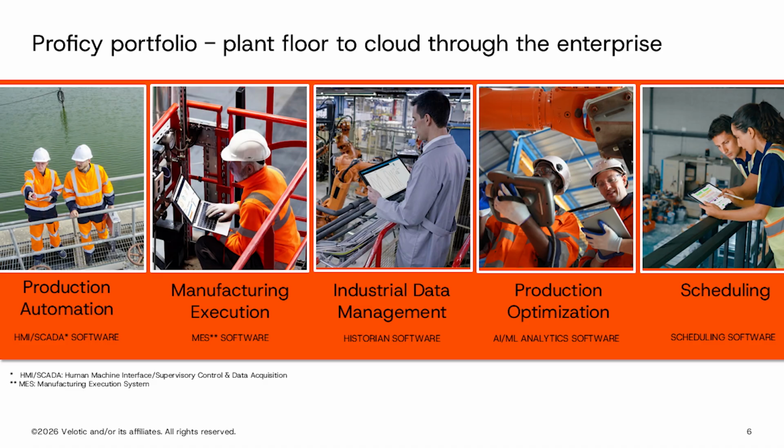I'll be talking about production automation at the HMI SCADA level, but the portfolio works seamlessly together all the way up through your MES, manufacturing execution software, to the historization of your data and analytics that comes as a result, as well as the ability to optimize the scheduling of how your manufacturing process delivers your products.